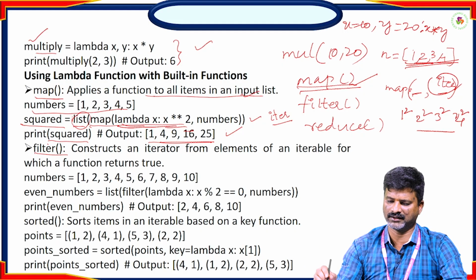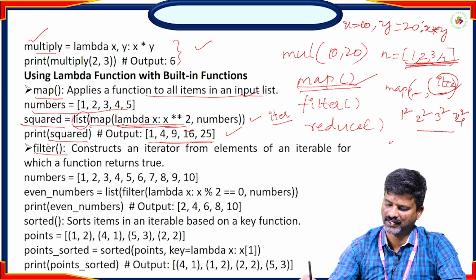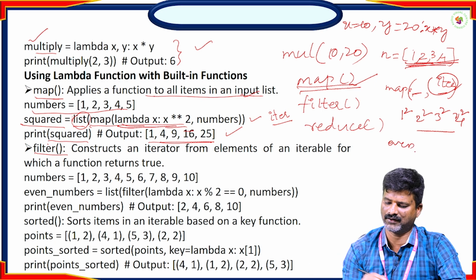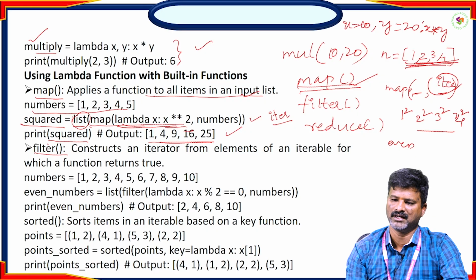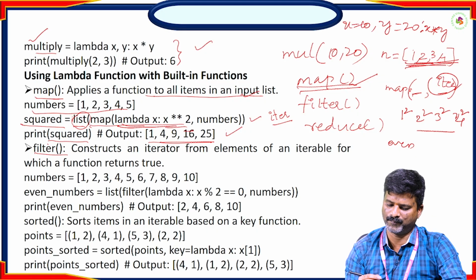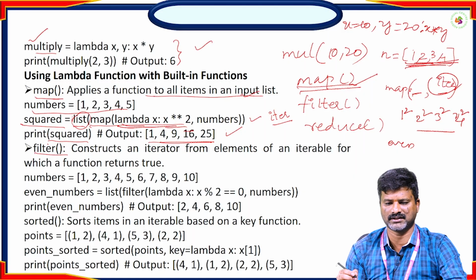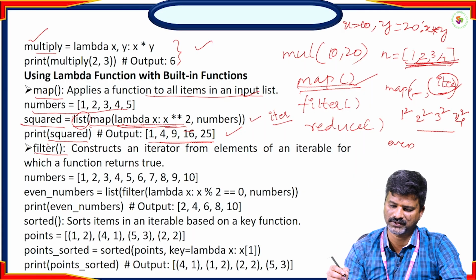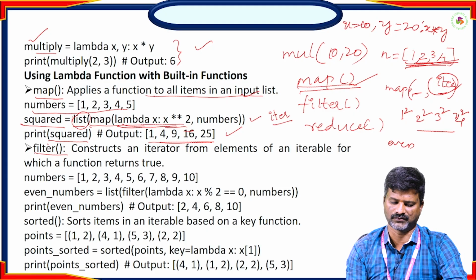Suppose I want to filter even numbers, then in that case this particular function will be useful. Based on some condition I want to filter the list of elements or items present in the corresponding iterable. In those use cases this filter will be useful.